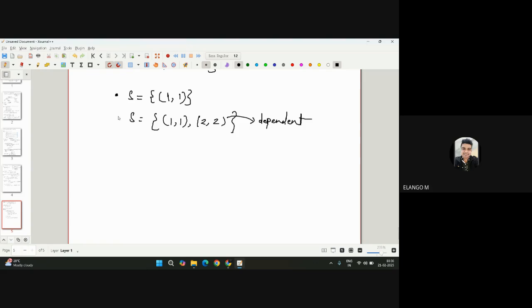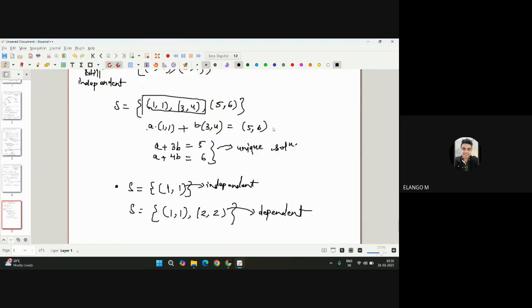Okay, but 1 comma 1 is independent, no? Yes, this one is independent. And now I tried to add something else and it became dependent. So the claim is, at max I can add any two independent vectors.